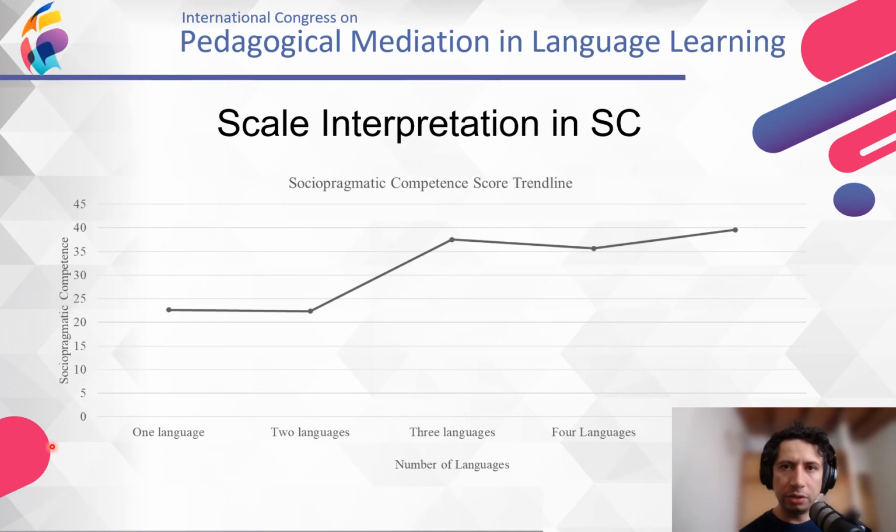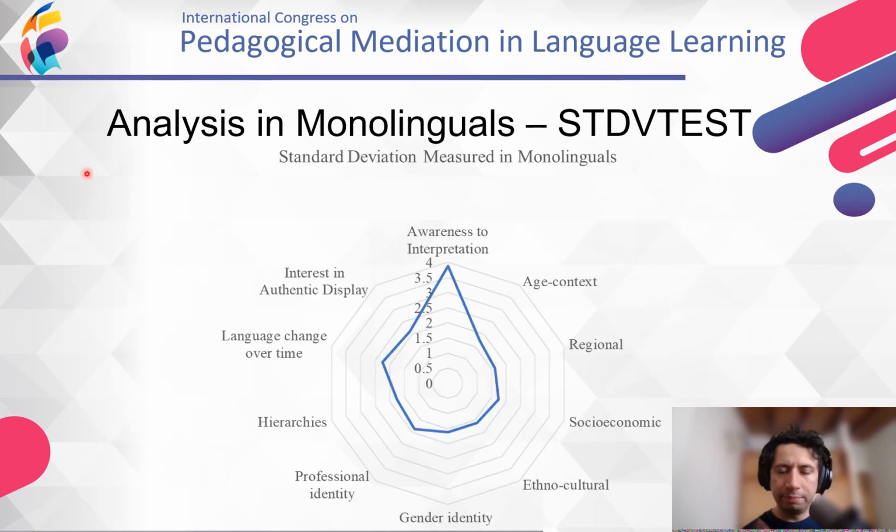This is the univariate report of the sociopragmatic competence according to the number of languages the speakers report speaking. And you can see it goes up on this side. So the more languages you speak, the more sociopragmatic competence you're going to exhibit. I performed an analysis on monolinguals.